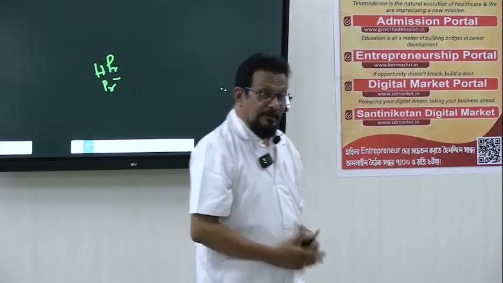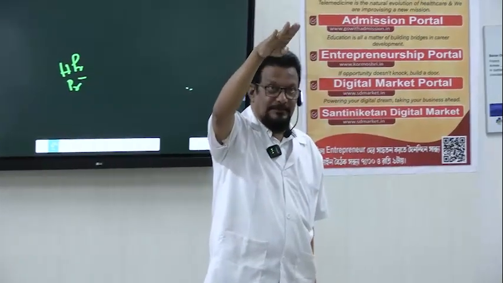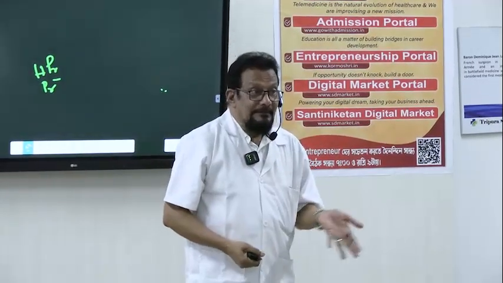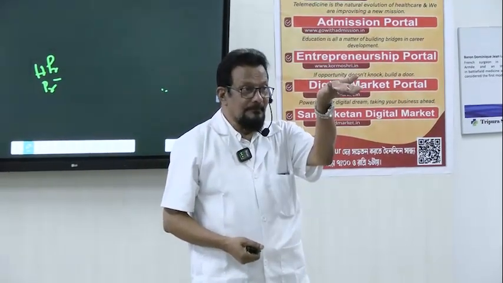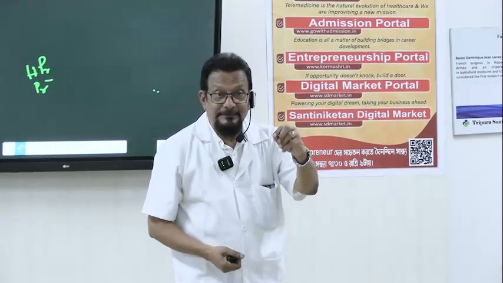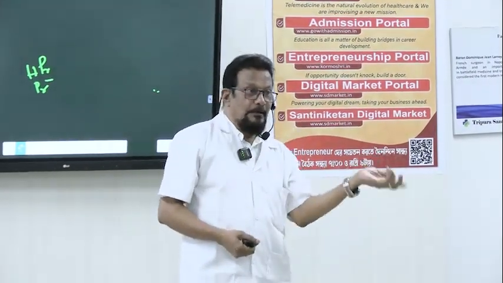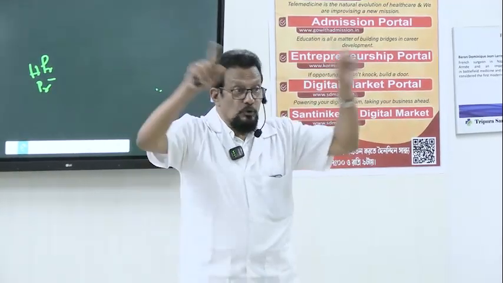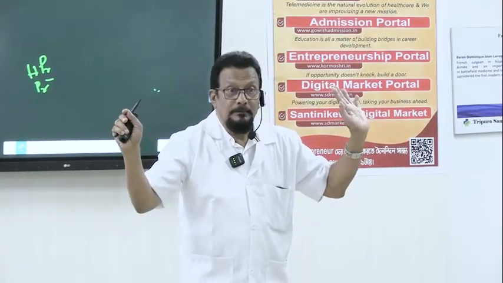And he saw that when the plasma protein level is reducing, immediately within a few hours, the level is rising. That means somebody is providing this. If you continue this process, after some time, the source will be finished.